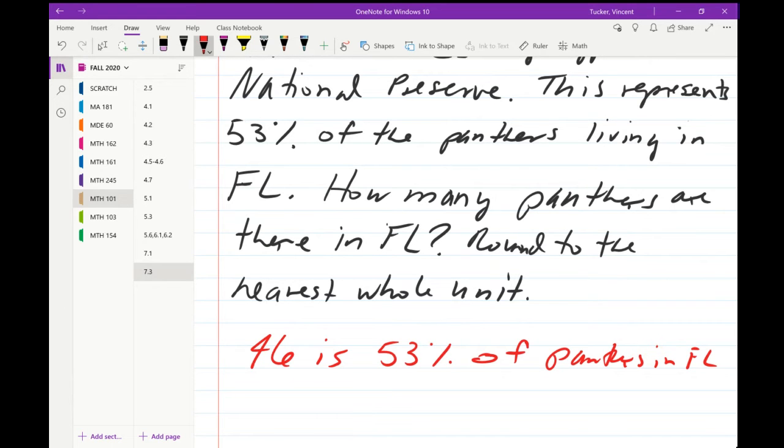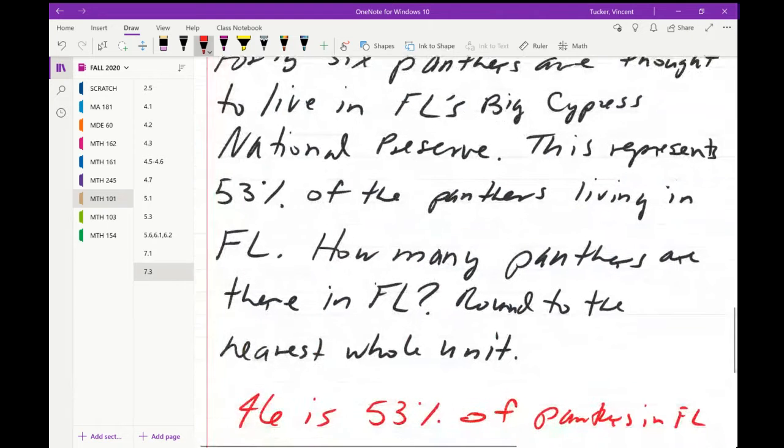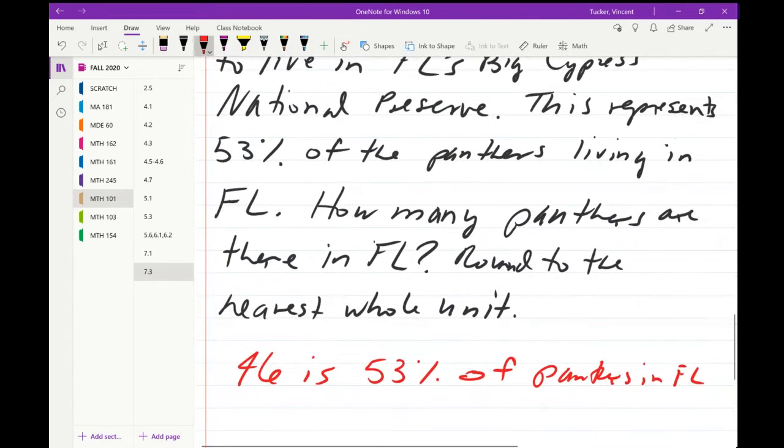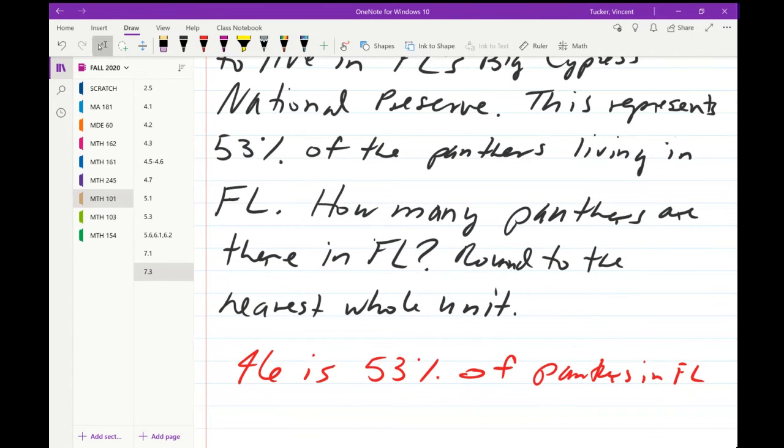That's basically what it's saying here. So 46 is 53% of the panthers living in Florida.